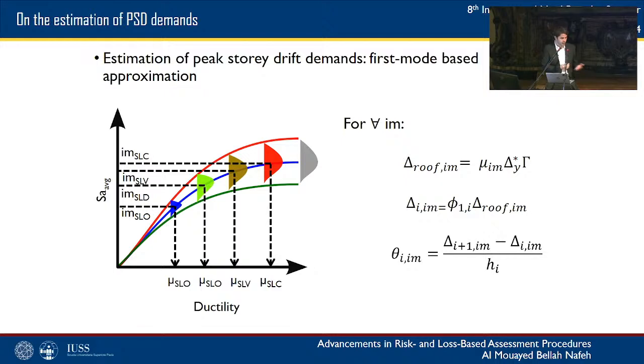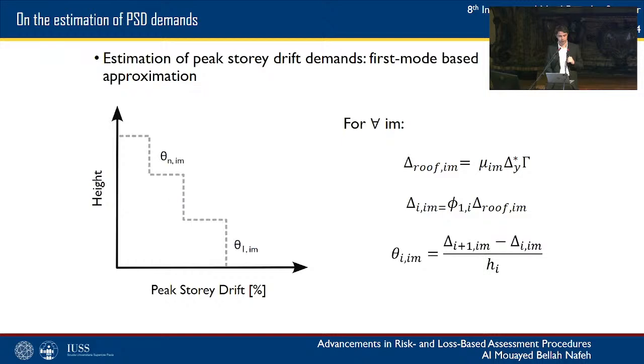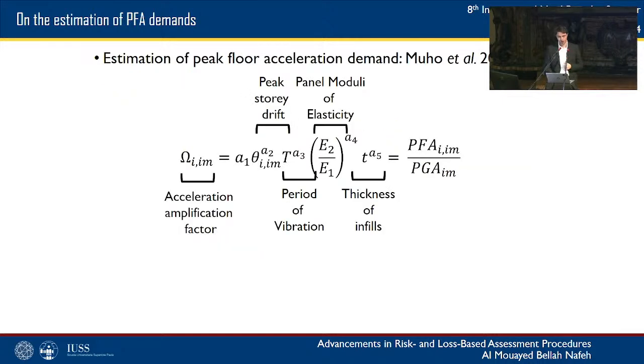First, for the estimation of peak story drift demands, for example, we can simply read off, as you can see, from the IMs at each code-based limit state, the corresponding ductility, and using a first mode approximation, we can relate that to the displacement at each story, and by then we can simply derive the drifts that are corresponding to each limit state. So that's one on the peak story drifts.